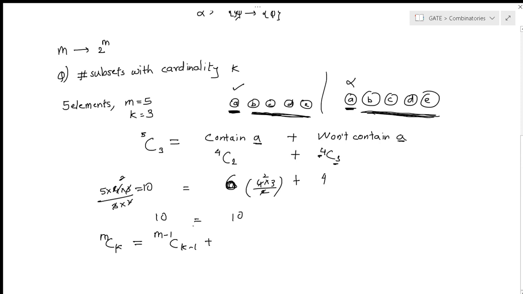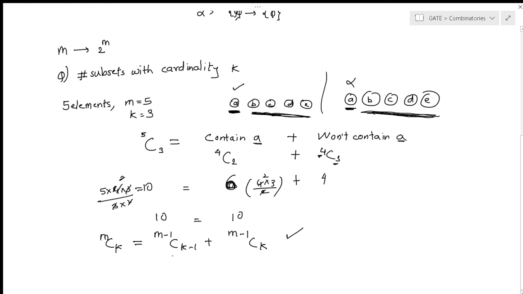In the other case, the element which we took in the first set, here I am saying I will never take that. So remaining m minus 1 elements are there, and out of them I need to choose k elements. Do you get the intuition behind this? What this formula says?